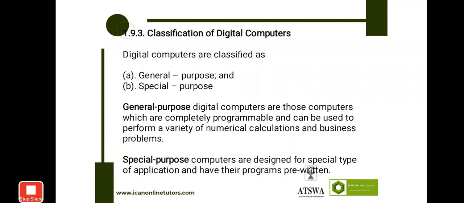That's general, it can be used for anything. You can use it for multimedia, photography, graphic design, spreadsheets, accounting and the rest. Meanwhile, special purpose computers are designed for special types of application and they have their programs pre-written.